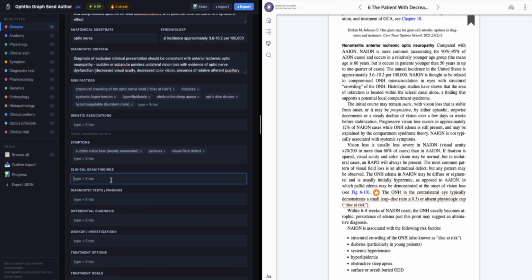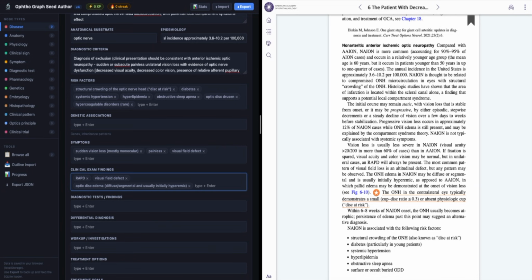And then clinical exam findings should see an RAPD. Visual field defect, optic disc edema, and I'm going to say it's hyperemic because that's what it says over here. Optic disc edema, diffuse segmental, and usually initially hyperemic.